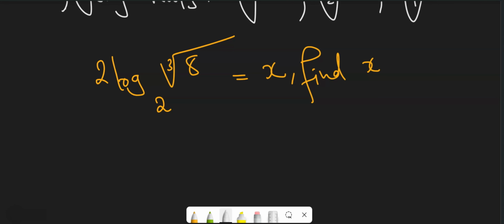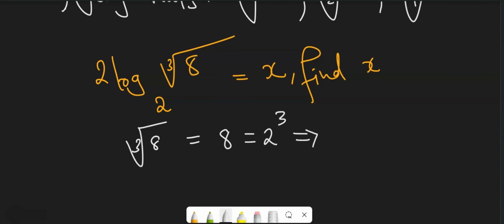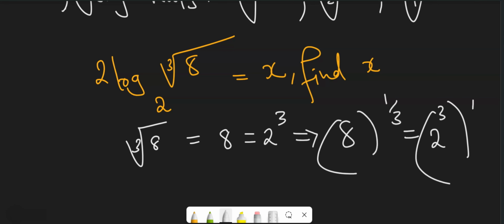So the third root of 8 can be given by 8, which is always 2 to power 3, and this implies that this is the same as 8 power 1 over 3, and this can be the same as 2 power 3 multiplied by 1 over 3. Cancel this, you get a 1. So this is a 2.